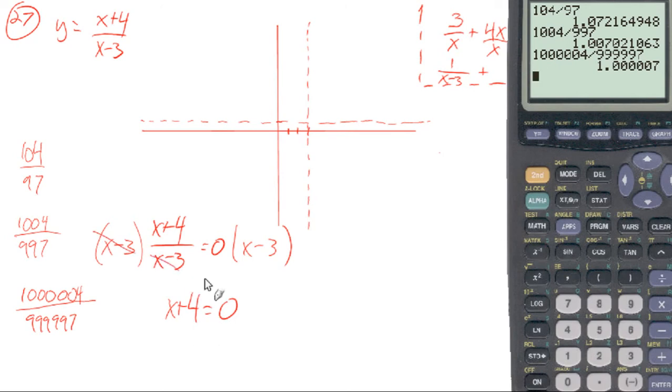And that makes sense, because wherever this function is equal to 0, that would be where the numerator is equal to 0. If the numerator is equal to 0, whatever you're dividing by, it's still going to be 0. So where x is -4, this function is going to be 0. That's where you're going to find an X Intercept.